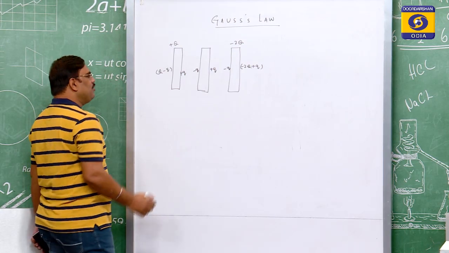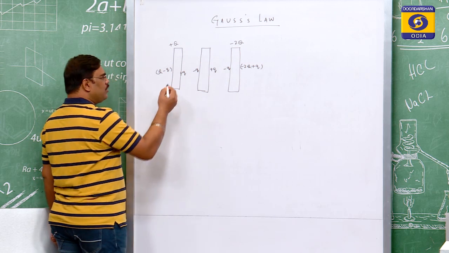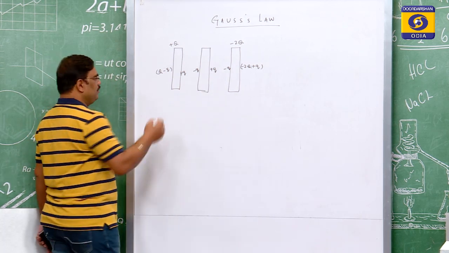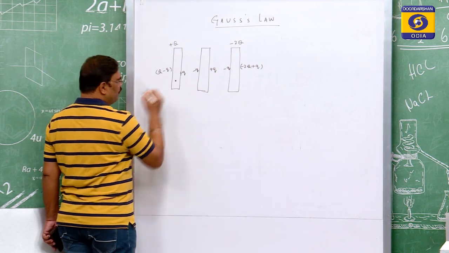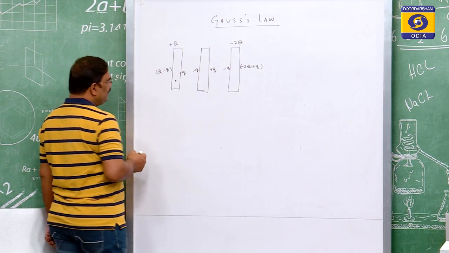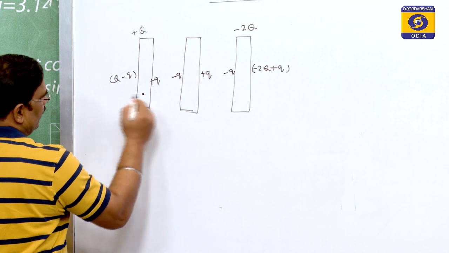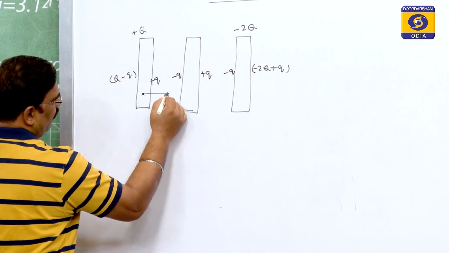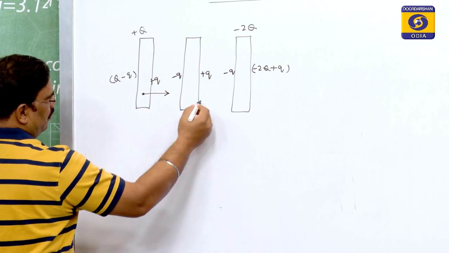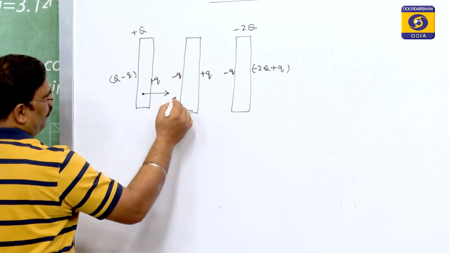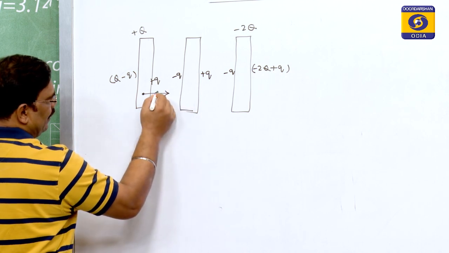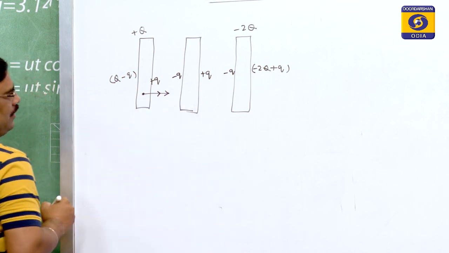Again using the same concept, you can choose any point inside the 3 plates, any point. If I choose this point, what do I get? I get the electric field due to Q minus q, the first face, away from the plate. For the second plate, and for the third plate, it is in the same direction.